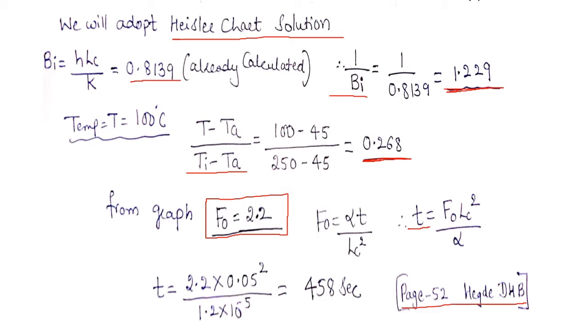With this, let me calculate the value of t: Fourier number 2.2 into Lc square, where the characteristic length Lc is 0.05, whole bracket squared, divided by alpha, the thermal diffusivity, already given in the data as 1.2 into 10 to the power minus 5. With this I have got the value as 458 seconds. Now let me explain how we have got this Fourier number as 2.2.